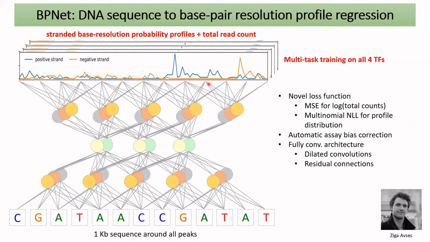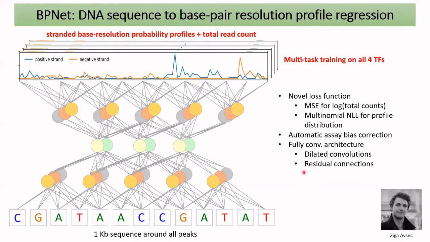There are a few other innovations we have in this model. Our model allows for automatic bias correction. We provide a bias track. In this case, for example, for ChIP-exo, we use something called a patch cap input. But for ChIP-seq, you can imagine using input DNA, a wild-type control.